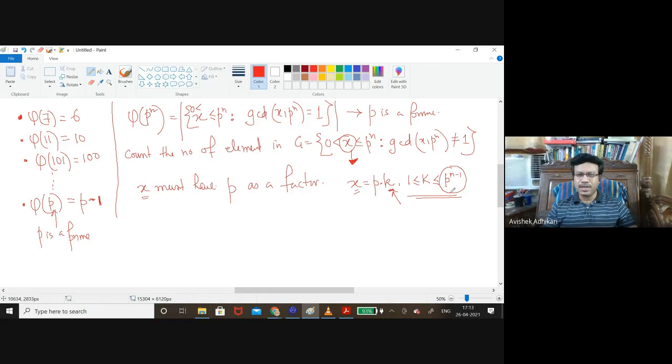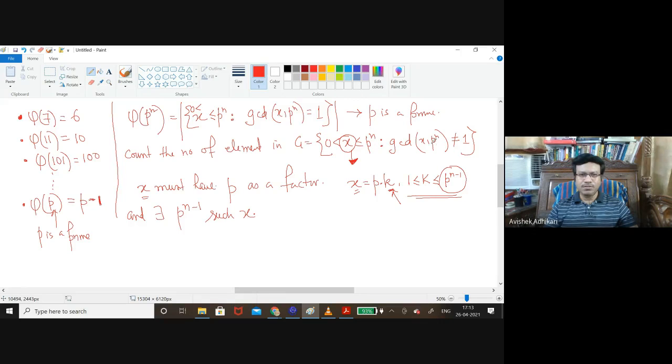That means there exist p to the power n minus 1 many such k, and there exist p to the power n minus 1 such x. They are all the elements which are not relatively prime to p to the power n.